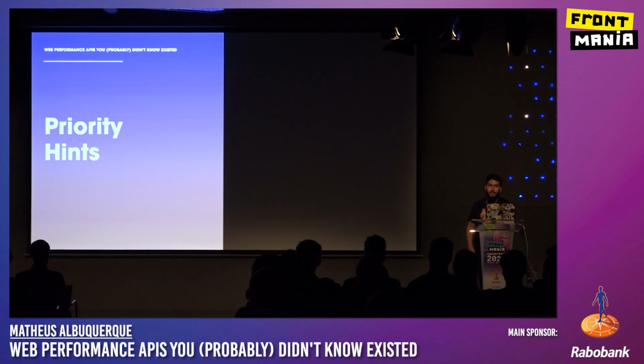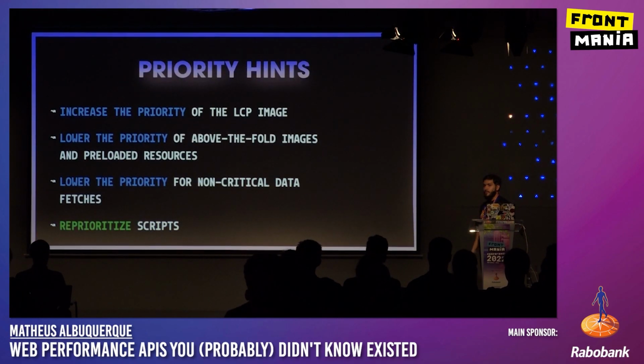Another thing is priority hints. Basically, they are handy when you want to increase or decrease the priority of something happening in your app. There are some scenarios, for example, when you have non-critical data fetches, so you can lower the priority for that, and then you optimize the loading of what's important for you.